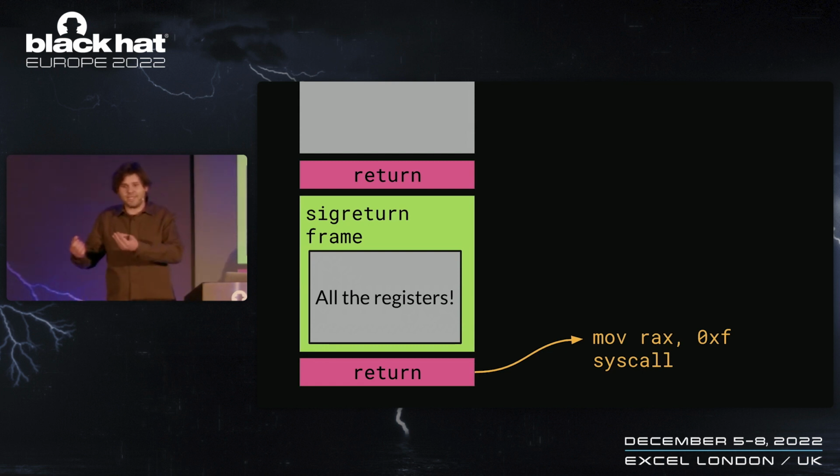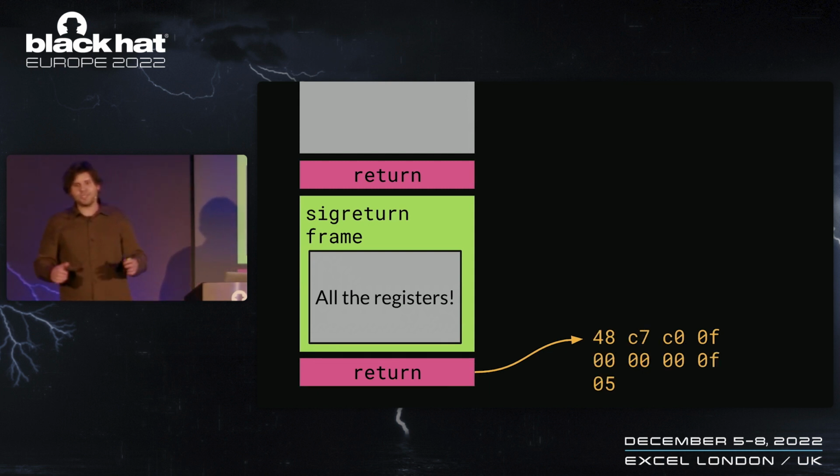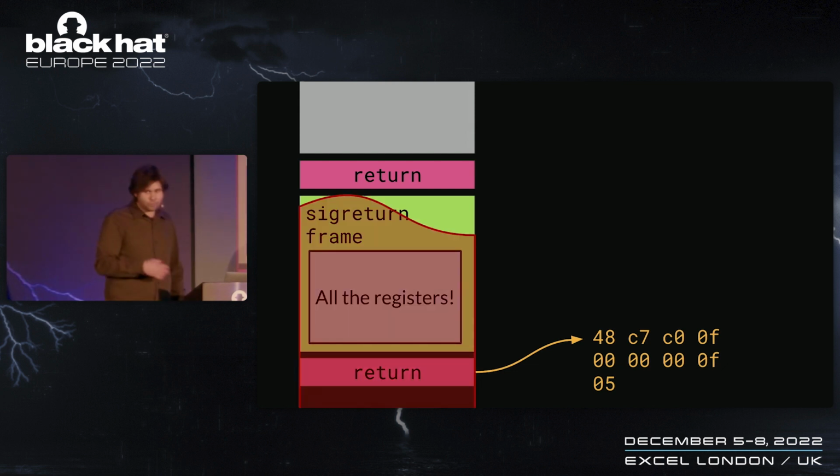a signal actually happened. So it checks this return for a special opcode to see if this exception happened during signal handling. So an attacker can essentially overflow this frame, put a return that points to a sigreturn function, and override these registers, and then throw an exception. Now, this is essentially crafting a fake sigreturn frame.